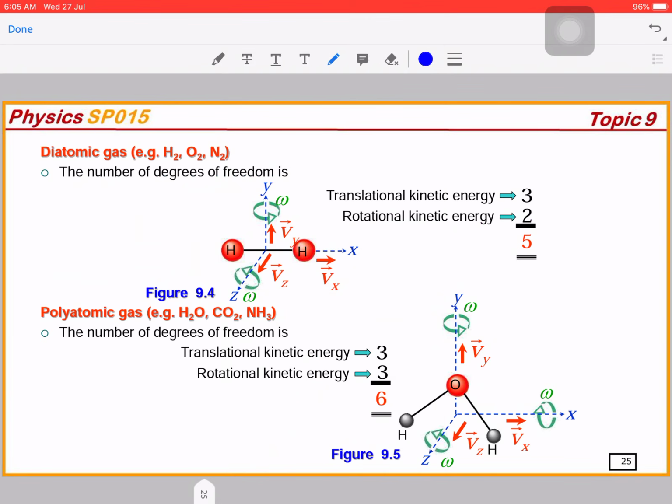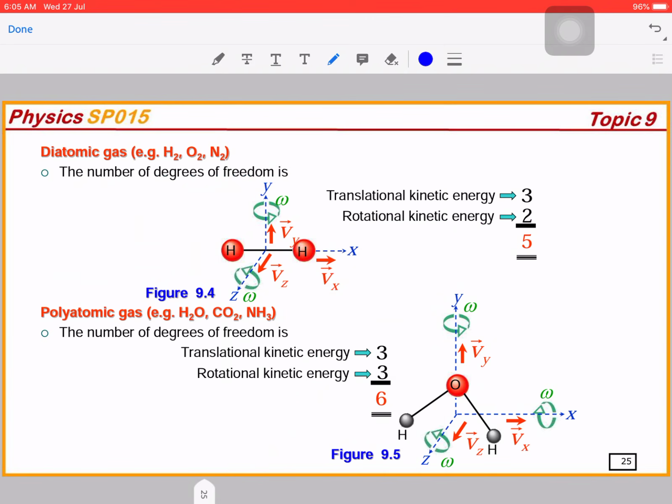It will rotate about the z and also y axes. It won't rotate about the x axis because it would just be spinning in place. So that's why we have 5 degrees of freedom for diatomic gases.